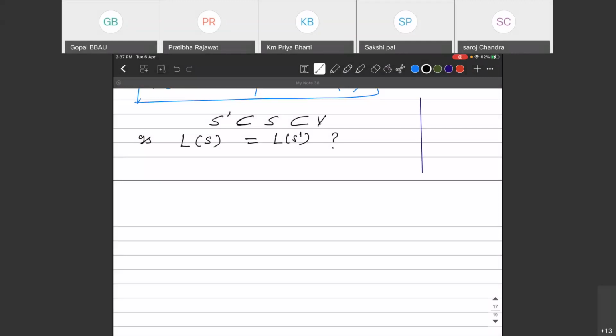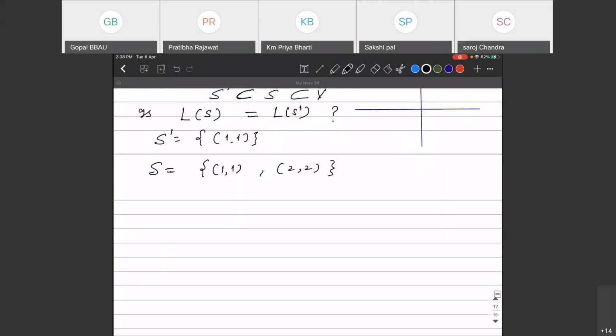R2 is a vector space, correct? Now take 2 points in R2. Take point 1, 1 and take 2, 2. So first take S dash equal to 1, 1, and S is equal to 1, 1, 2, 2.